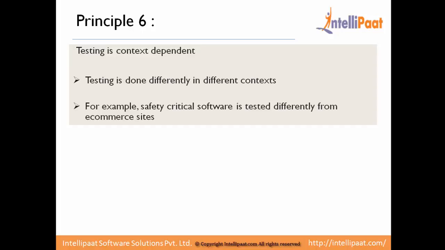So let's say when you are trying to test a banking software, then you need to remember the compliances, the regulations and the rules that need to be applied for testing of a banking software. You need to ensure that all these compliances, regulations, rules and policies are taken into account while the banking software is being used.